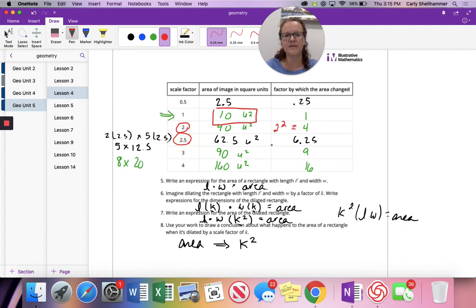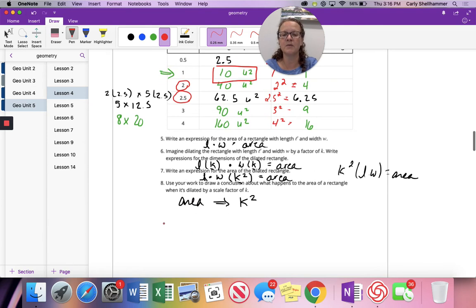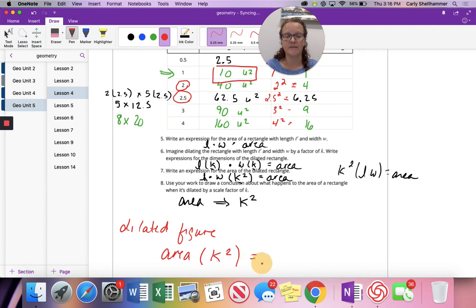Okay, 2.5 squared equals 6.25. 3 squared equals 9. 4 squared equals 16. And 0.5 squared equals 0.25. And we could say 1 squared equals 1. All right, so that just shows us that when we dilate something, the area changes by a scale factor of K squared. Okay? That's a big deal, all right?